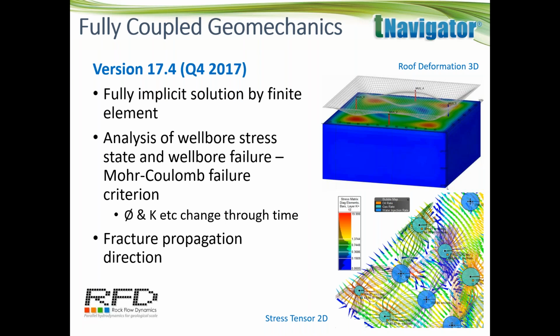Another application is, we have the extra option called the possible fracture direction, which shows you the potential direction of fracture propagation. Here we're using the fact that fractures occur in the direction perpendicular to the direction of maximum stress. This feature can be helpful when planning hydraulic fracturing, for example.